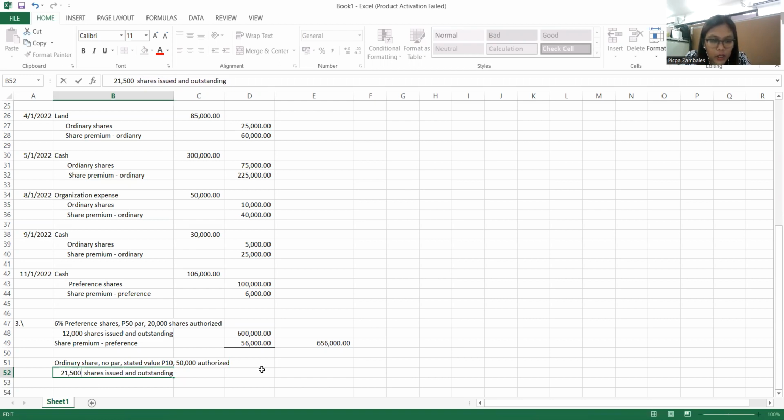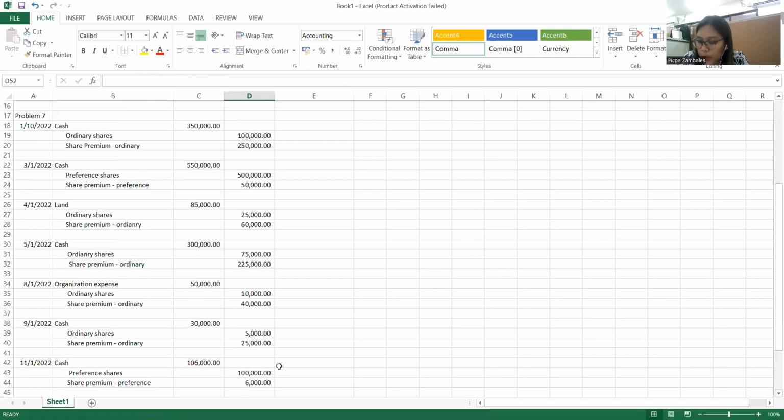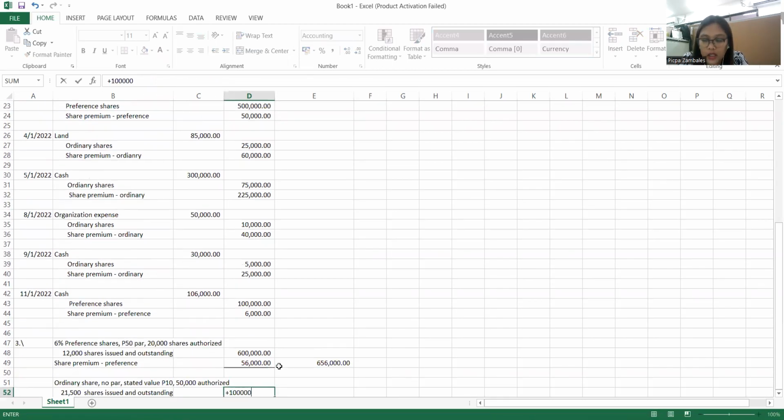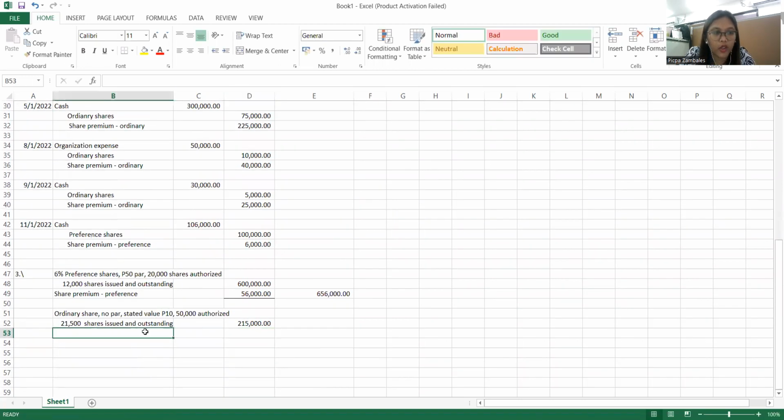So that's how much? Oh, let's get the total. On January 1, it's 100,000. Plus, we have 25,000 on April, plus 75,000 on May, plus 10,000 on August, plus 5,000 on September. So that is 215,000. And of course, the share premium for ordinary.